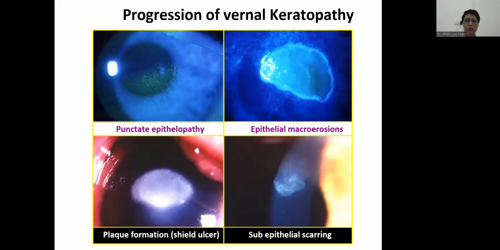So this is how the progression of vernal keratopathy occurs. The punctate epitheliopathy, epithelial microerosions, as you can see here, there is formation of a plaque, there is a shield ulcer, and there is epithelial scarring, which can be seen as a late complication.